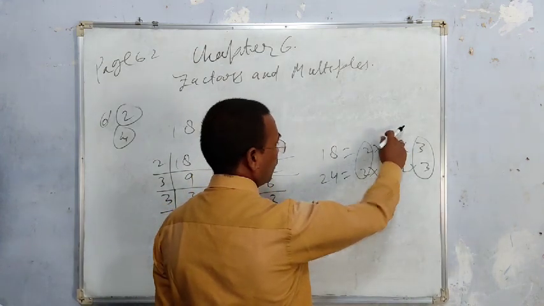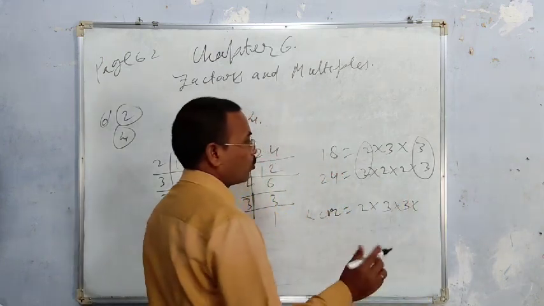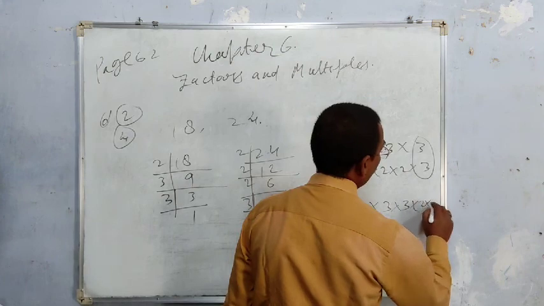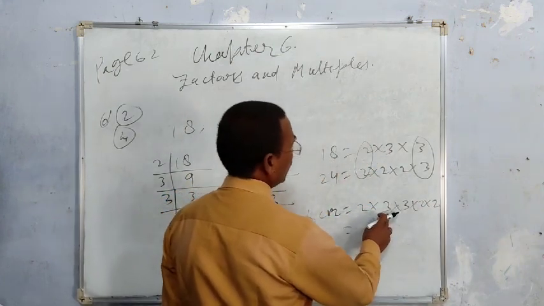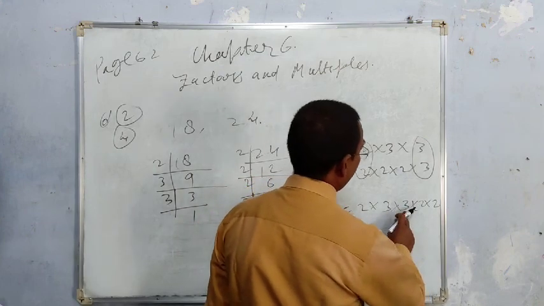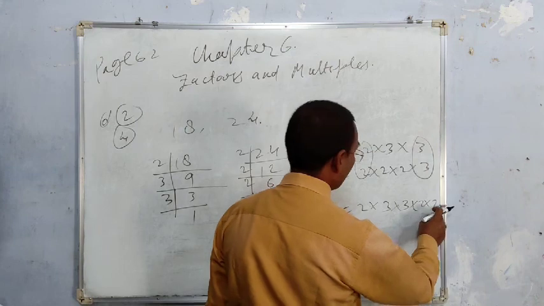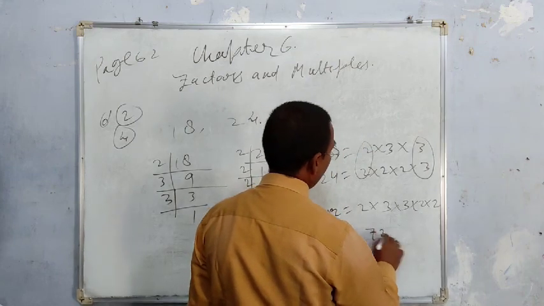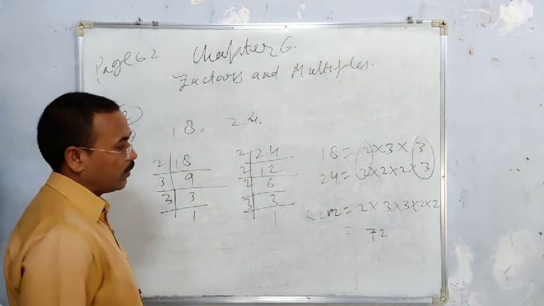In the first number, 3 is left out, and in the second number, 2 times 2 is left out. Then we multiply: 2 3s are 6, 6 3s are 18, 18 2s are 36, 36 2s are 72. That is, the LCM of 18 and 24 is 72.